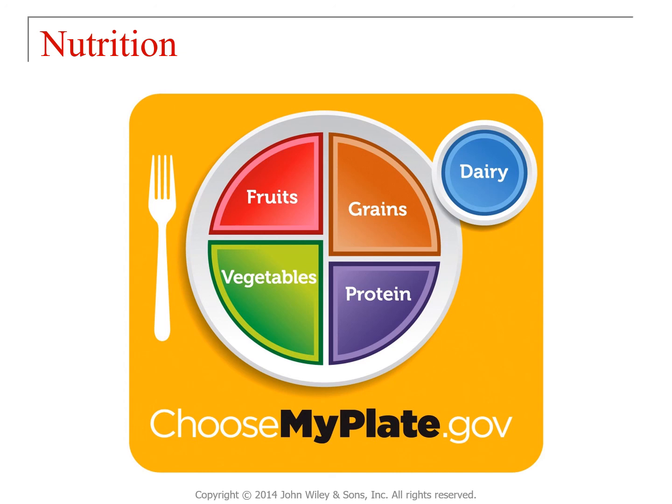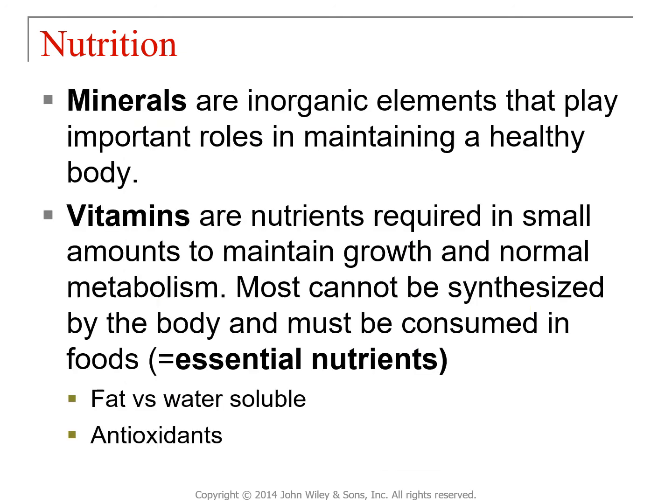Your grains provide, again, complex carbohydrates, some maltose as a simple carbohydrate, and small amounts of some vitamins. Dairy provides fat in the form of saturated fats. It provides carbohydrates in the form of lactose, as well as fat-soluble vitamins. So look at the proportions and hopefully you'll adjust your diet and read labels to ensure that you're getting the proper balance of all these nutrients.